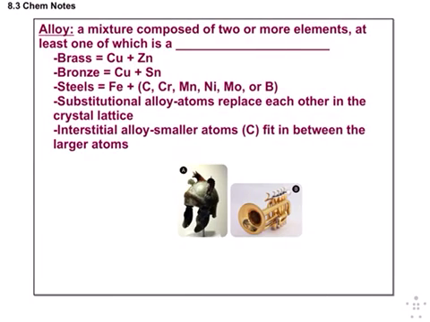Lastly, metals have the ability to form alloys. Alloys are mixtures. They are not compounds. And the distinction here is a mixture is not chemically bound. The atoms are not chemically sharing or transferring electrons. So an alloy is a mixture composed of 2 or more elements, and one of those elements must be a metal.